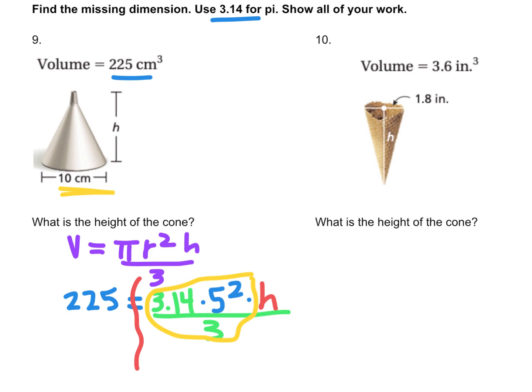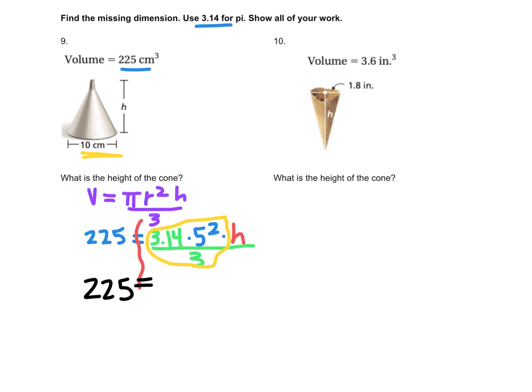Okay, so now I'm going to just do all of this math right here to simplify it. So I'm going to do 5 squared, which is 25, times 3.14, and divide that all by 3. Okay, so let me put that in my calculator first. Okay, so all of that came to 26, I'm going to have to round it, 26.17 H. Okay, and then now to get the variable by itself, I use inverse operations.